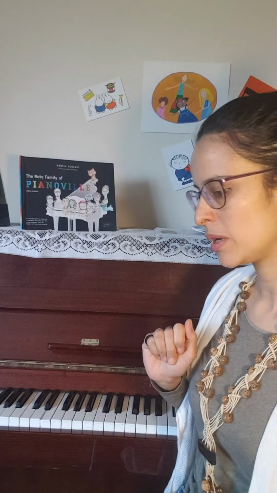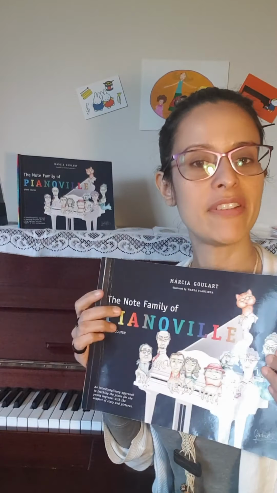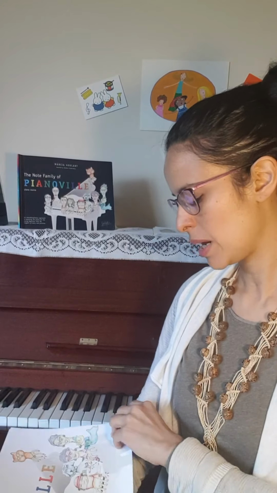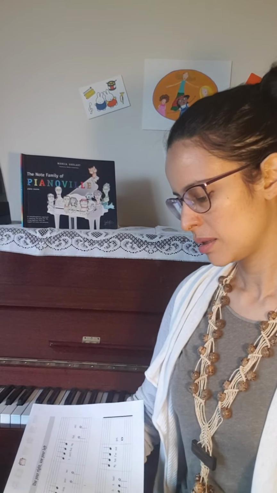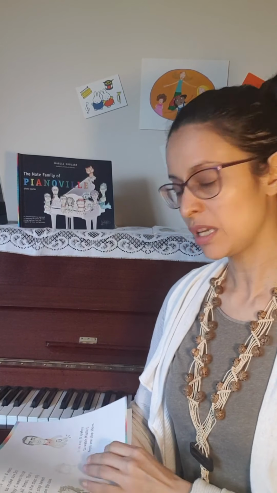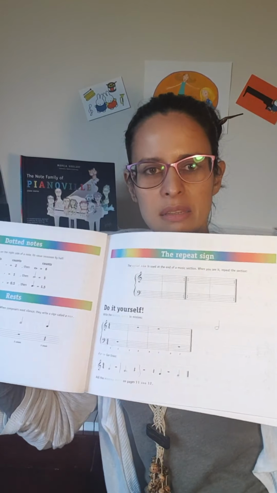And to eliminate this problem, this visual pollution, what I did with Pianoville was, at the very beginning of each section of the book, I explain the musical concepts I need to. Everything is clean and organized here.